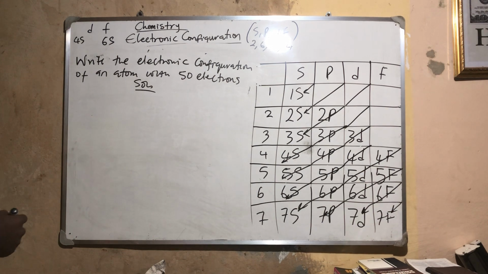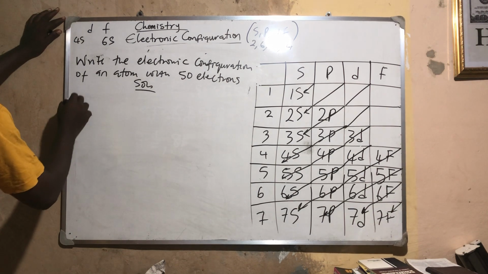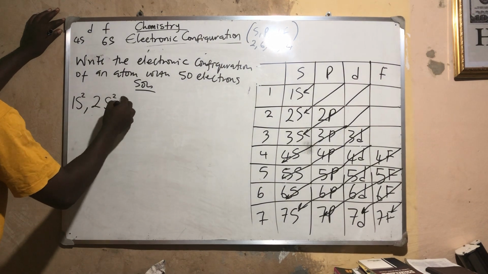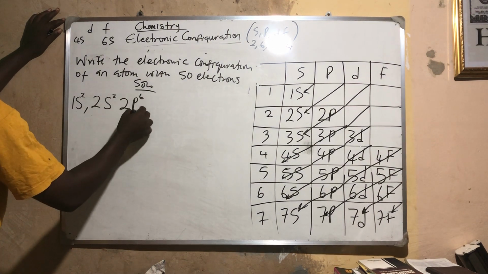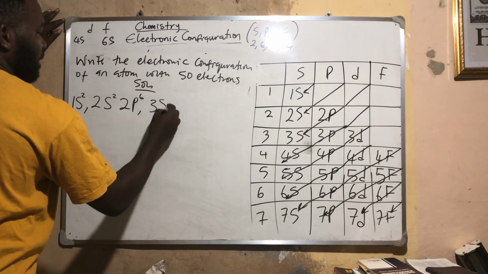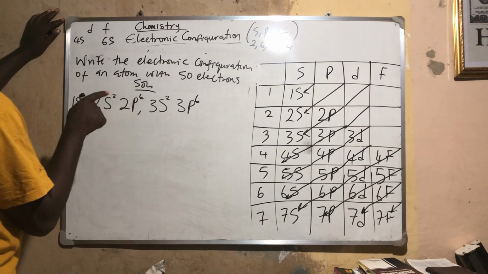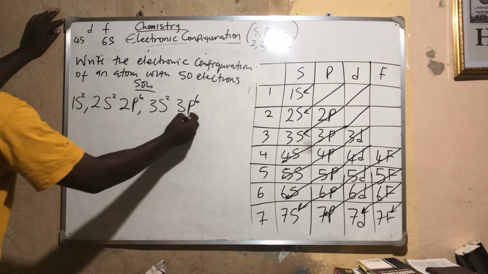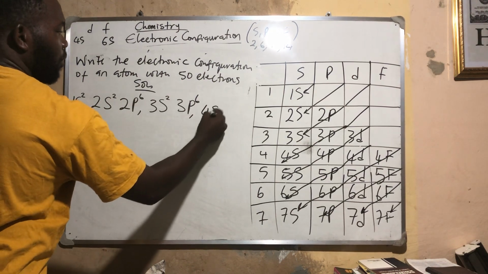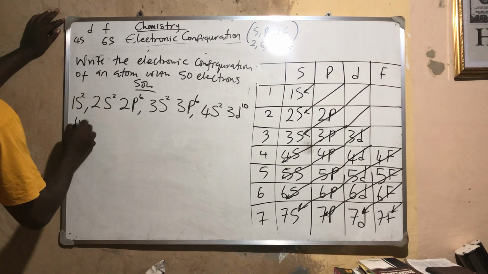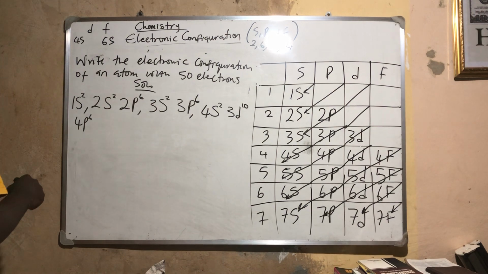Let's go. We have 1s2, 2s2 and 2p6, 3s2 and 3p6. Don't forget that D is not coming in here. D will come in immediately after 4s2, then we have 3d10, then 4p6.